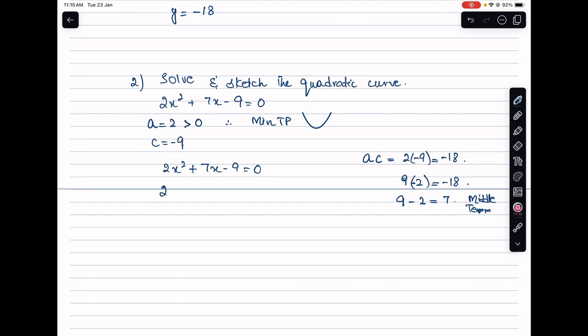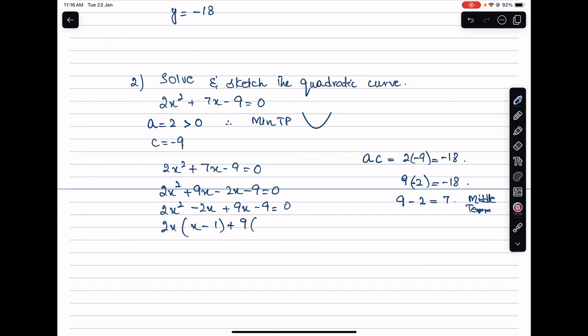So solving it, I can say it's 2x squared plus 9x minus 2x minus 9 is equal to 0. Or rearranging it, I can say it's 2x squared minus 2x plus 9x minus 9 is equal to 0. 2x common, I'll be left with x minus 1.